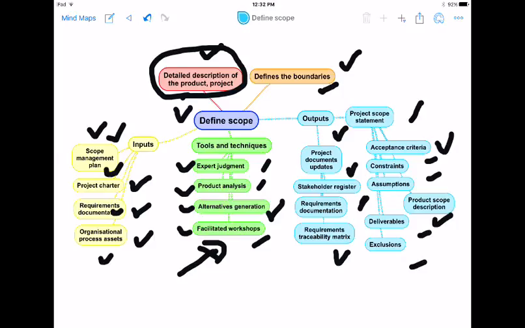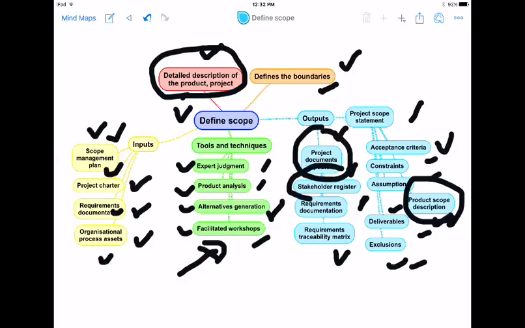When we say product scope description, we are talking about the functionality of the product or the project, and the deliverables and the scope exclusions. And while doing all these things, we may update the project documents, the stakeholder register, and the requirements documentation, and it will be useful if you maintain a requirements traceability matrix.